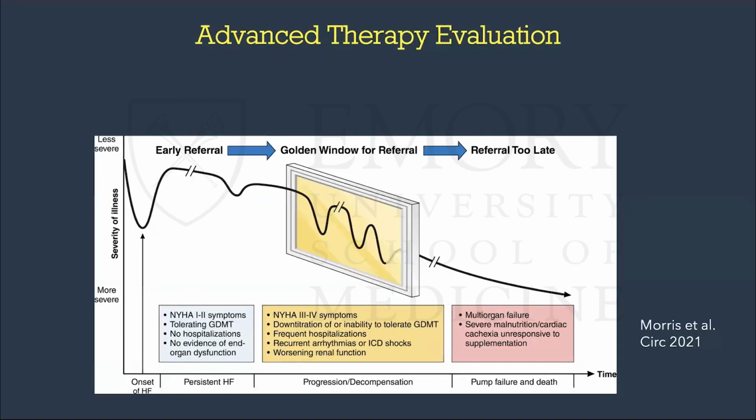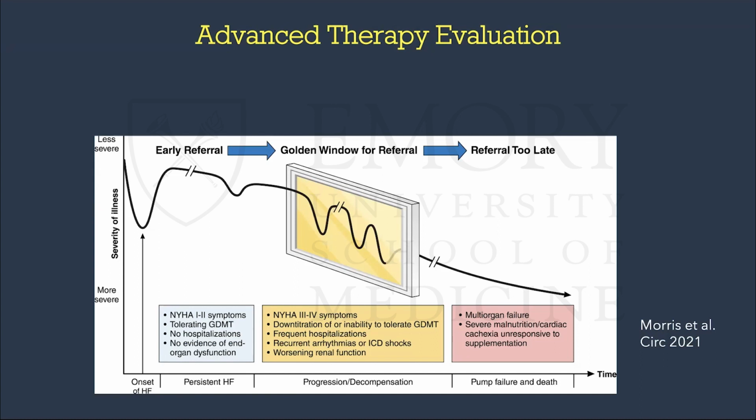This slide also showed the importance that, for those who fail to improve with valve intervention and have severe cardiomyopathy, we consider referral for advanced therapy. This paper shows that there is a narrow, golden window for referral of patients presenting with heart failure.